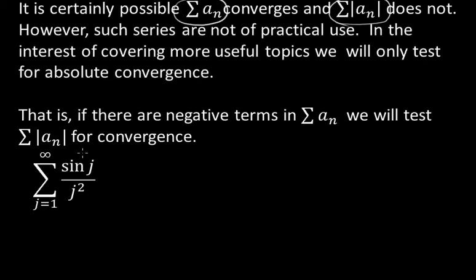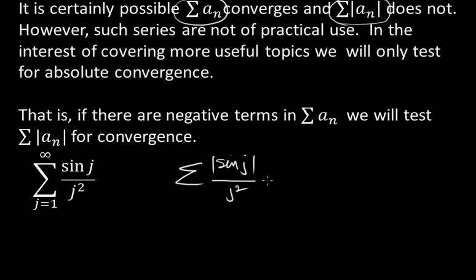So we will be testing all positive termed series, because if they're not positive termed, we're going to test their absolute value. We're going to test for absolute convergence. For example, here, I would not test that series. I would look at this one, the absolute value of sine j over j squared.